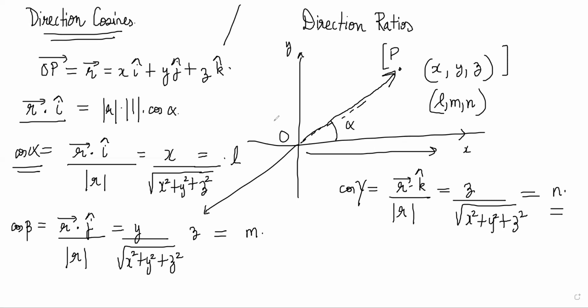Basically, they stand for the cosines of the angles that the position vector makes with each of the X, Y, and Z axes, positive direction of those axes.